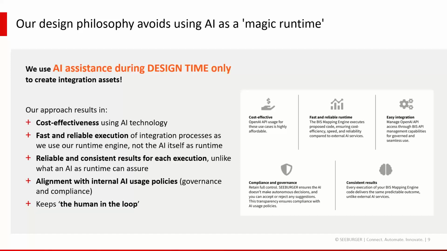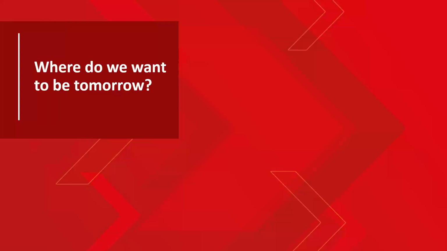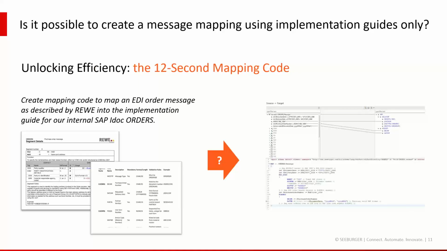And today we show you something where we have made the next step, because this is where we thought, where do we want to be tomorrow to help our users to handle this challenging task of data transformations? So although I'm very old, I sat down in November and I thought to myself, now it is good if we have code and we can work with code in a mapping.